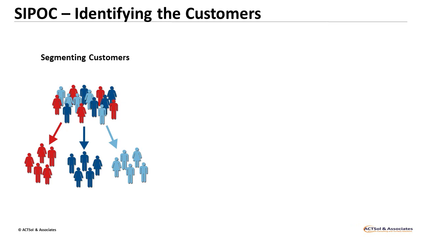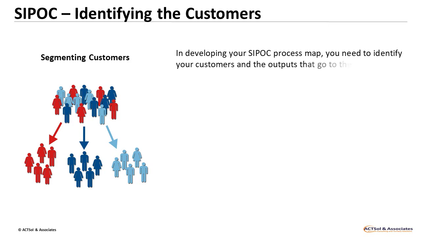Segmenting customers. So, in developing your SIPOC process map, you need to identify your customers and the outputs that go to them. Possibly, you classify or segment your customers in some way, for example, by size or geographical location. Think carefully about these different customers.